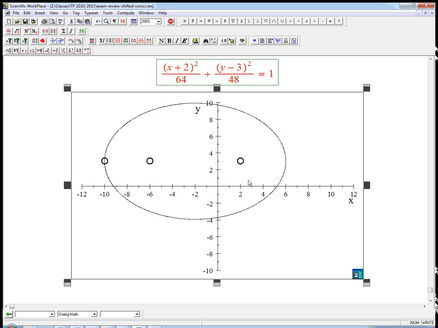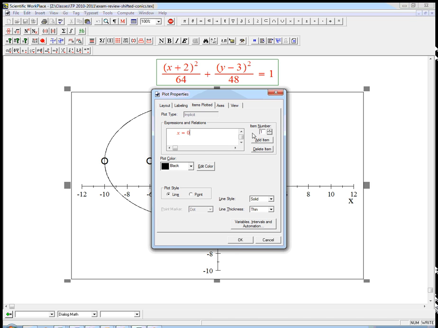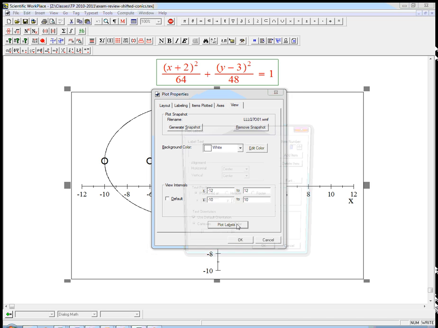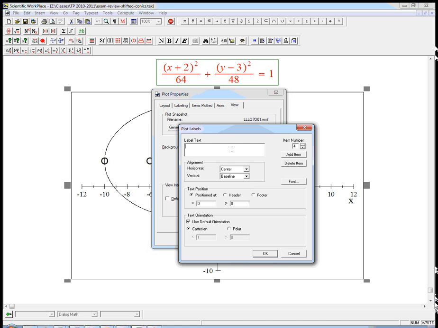So there's our, okay, it's going through a vertex. It looks like it has about the right kind of center. Let's plot the other vertex and the center real quick. So let's add a label at, the center was -2, 3. And then we never did find the other vertex explicitly, but from -2, 3, go 8 over, so it's going to be 6, 3.